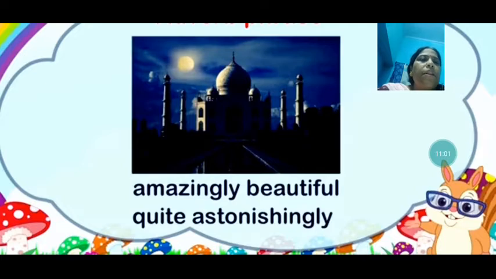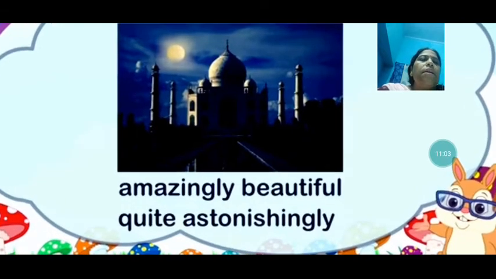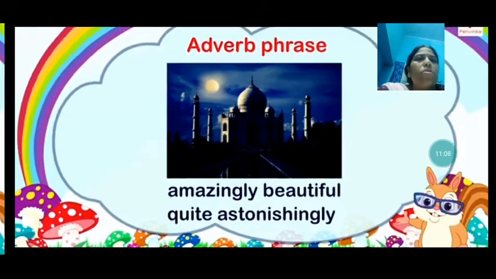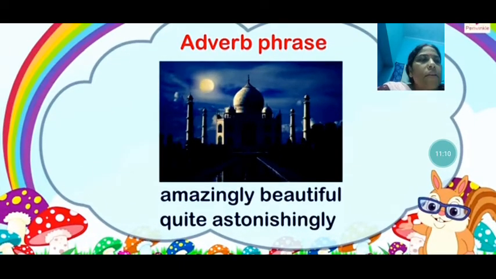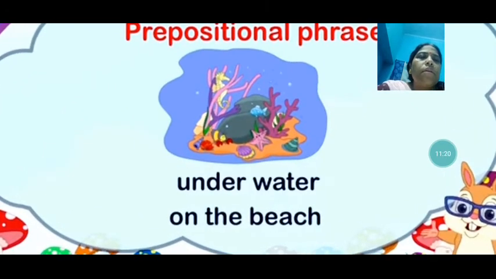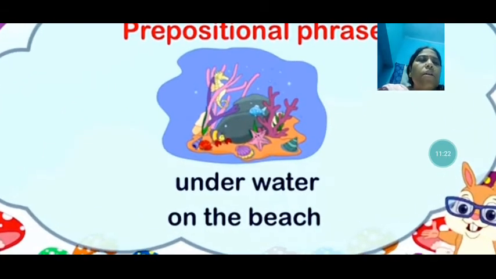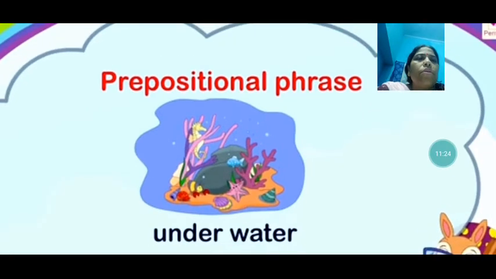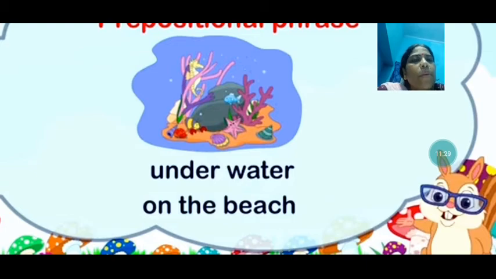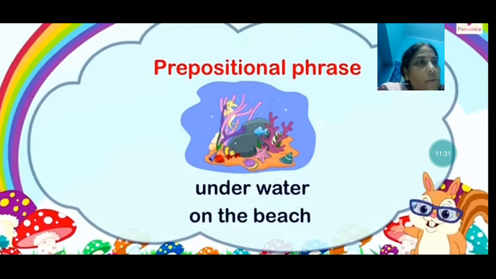So the people were looking at it quite astonishingly, that means surprisingly. So that is also an adverb phrase. It is giving you some thought but not the complete thought. Then prepositional phrase. A preposition tells about the position, here underwater, on the beach. So you know that under and on, what are they? Prepositions. And so this is a prepositional phrase, giving some thought but not the complete thought.